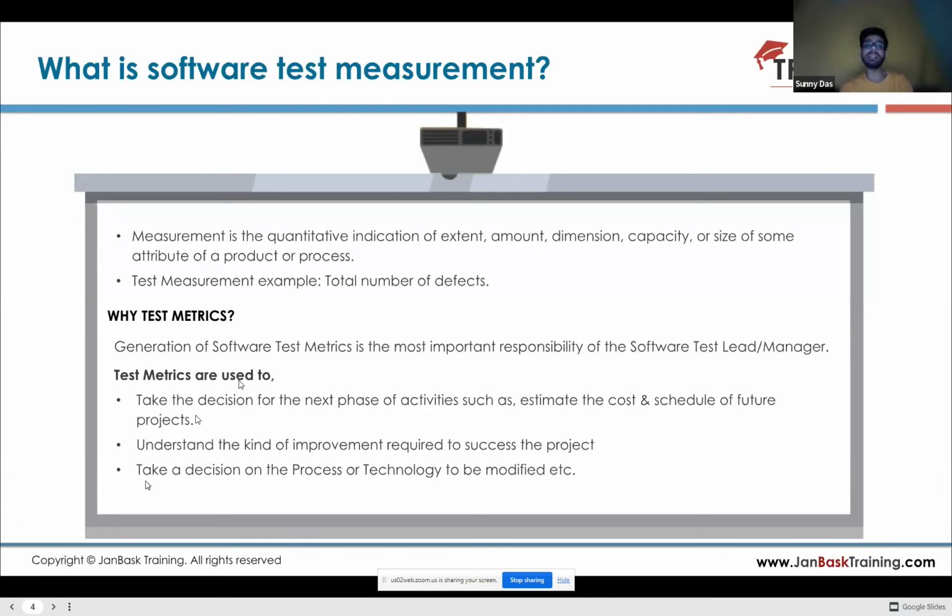Now suppose another thing might happen, that the developers have developed it properly, but the testers don't have a clear understanding of the expected behavior. And suppose you have written the test cases in a wrong way, right? Now if you have written the test cases in the wrong way, then obviously the test cases are going to fail, right? But the expected behavior is correct.